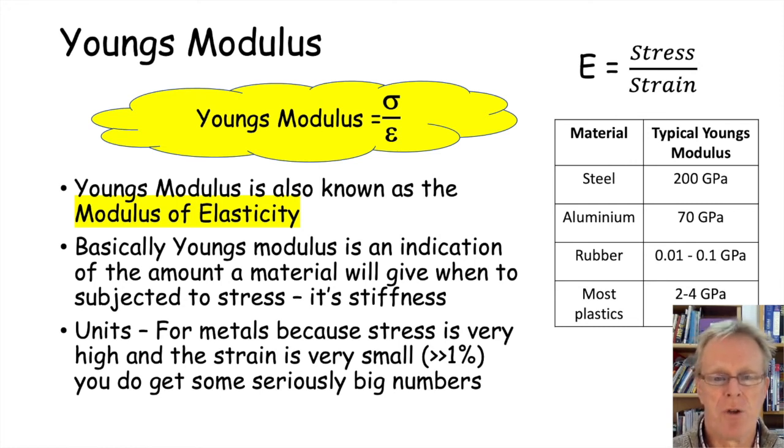That's 200,000 million newtons per metre squared. Aluminium comes in at 70 gigapascals. Rubber, which is obviously a much softer material, comes in at a much, much lower value. And most plastics are 2 to 4 gigapascals. If you need the number, it will be given to you in an exam.